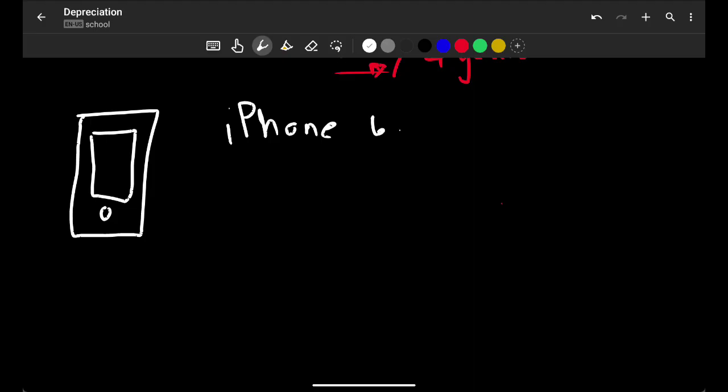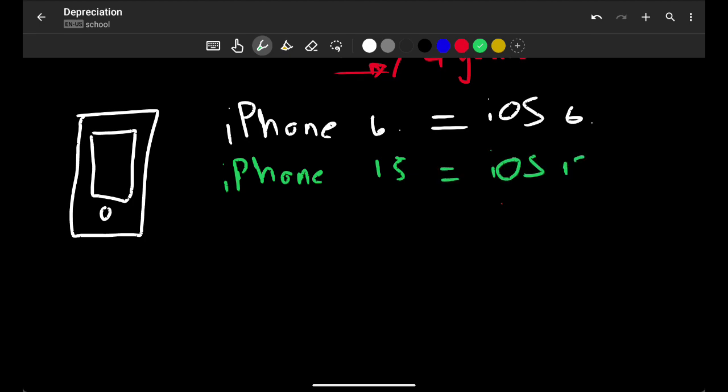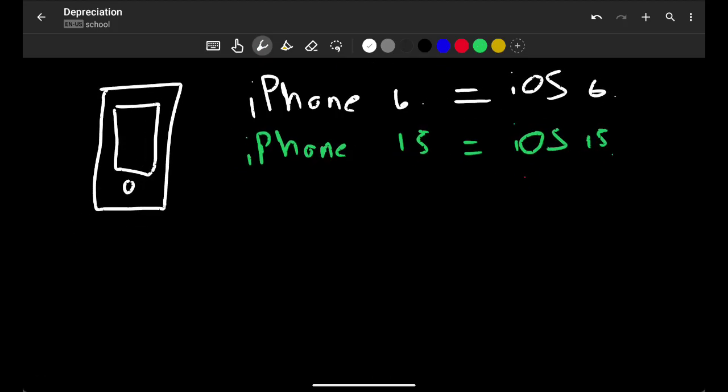Those who use iPhones, you know the system, the software and whatnot, and it was running on iOS. This is the operating system, iOS 6, let's say, right? We now know that the latest iPhone, I'm not keeping up with these, iPhone 15 is, let's say, on iOS 15, right?